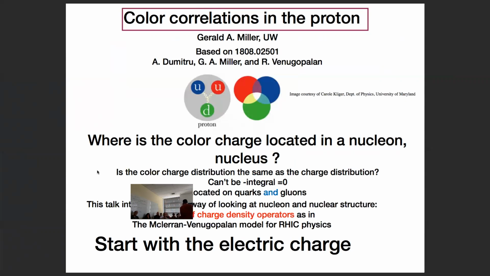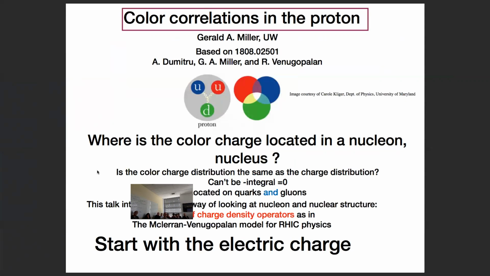So we're all here interested in the structure of the proton, the structure of the nucleon, the structure of the nucleus. And what we're doing here is, I think in this community, a new way of looking at the nucleon and nuclear structure. Basically, it's to consider quantities that are moments of charge density operators, as is done in the McLerran-Venugopalan model for RHIC physics.